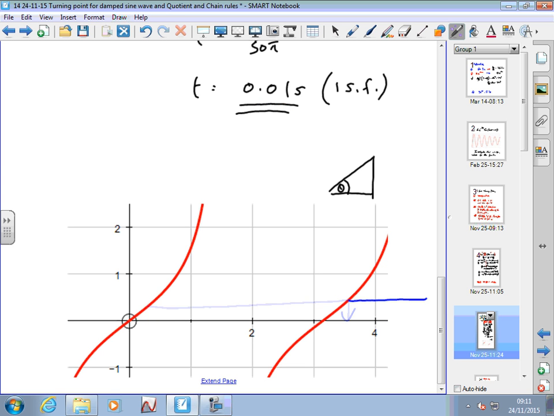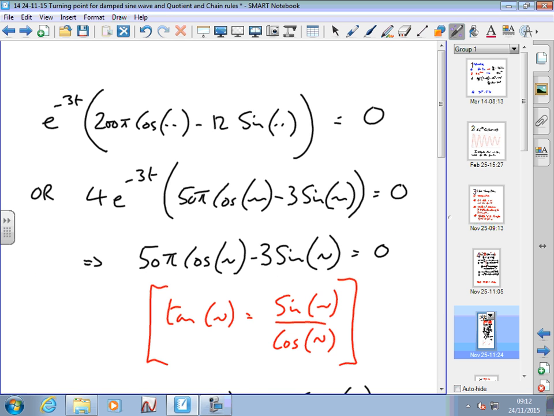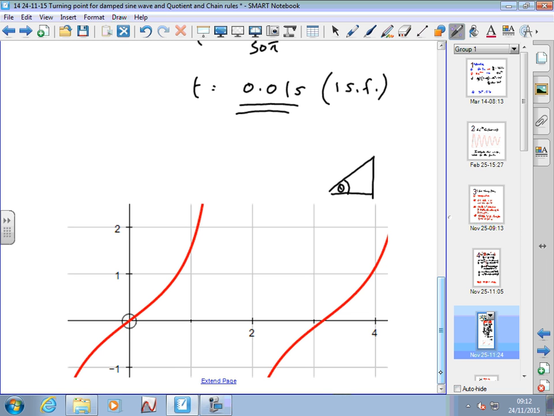If I keep adding pi, I'll get more and more times that I get a maximum or a minimum. That's why I get a series of maximums and minimums appearing in this function. It's every pi that it works. So, back to our solution. t equals 0.01 is our time, and if we wanted successive ones, we could add pi and get further times that this will drop to 0.